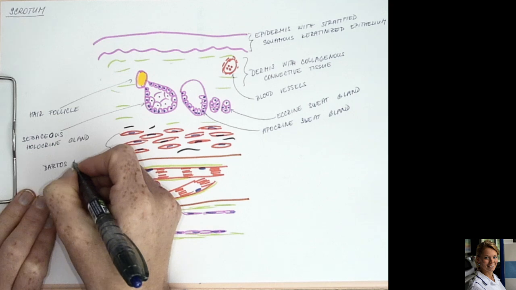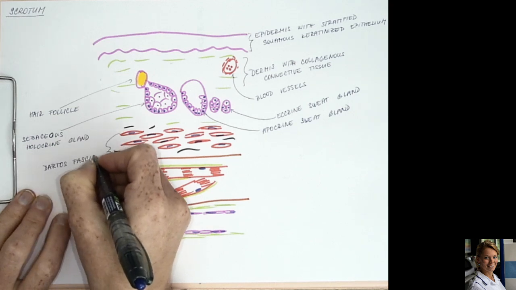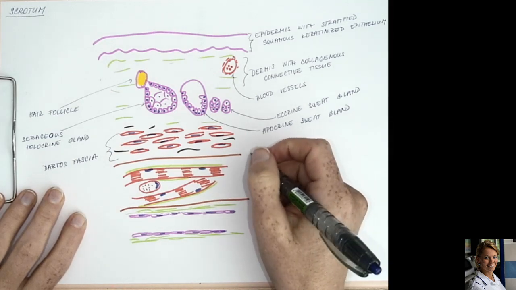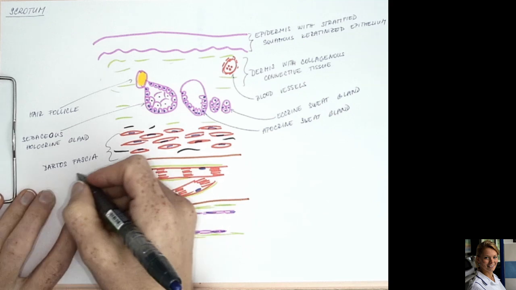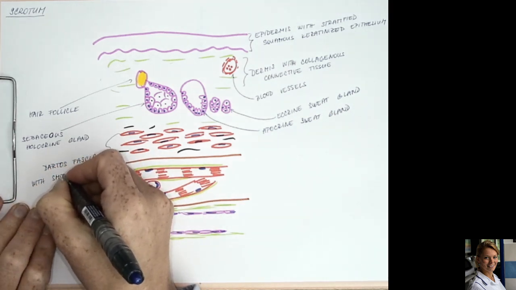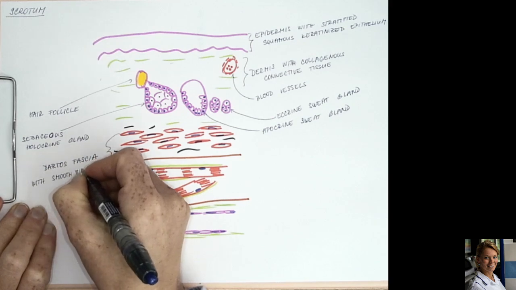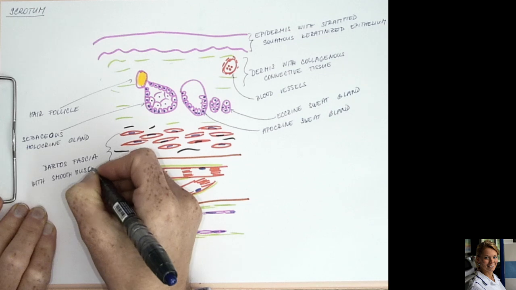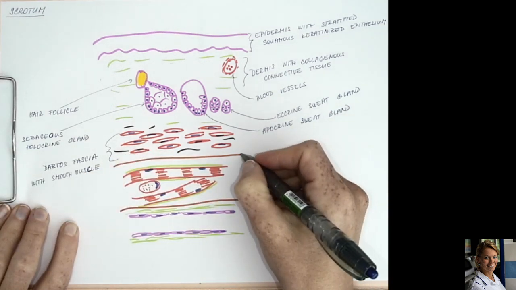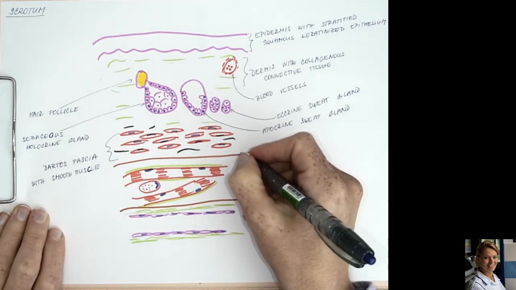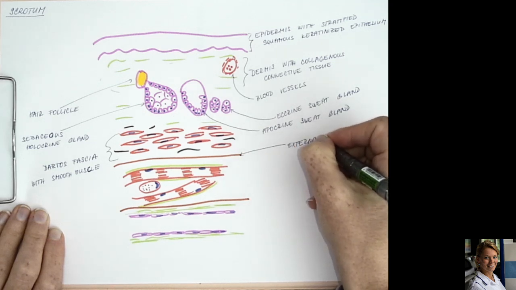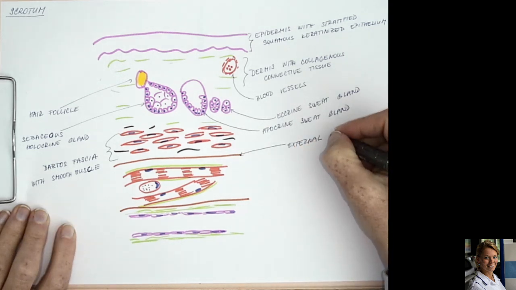Dartos fascia. With smooth muscle cells. And external spermatic fascia.